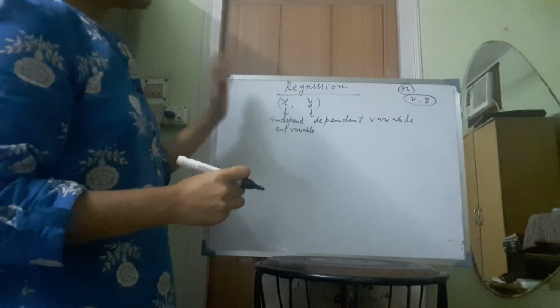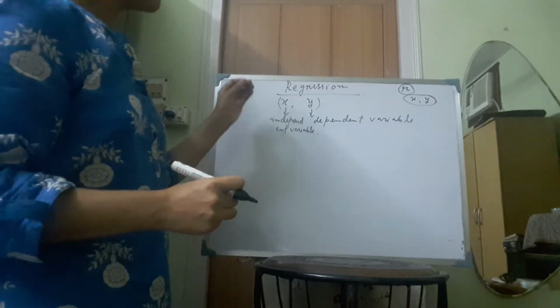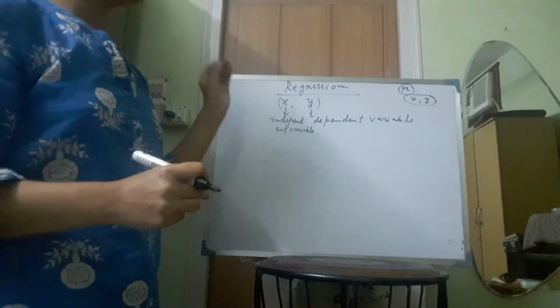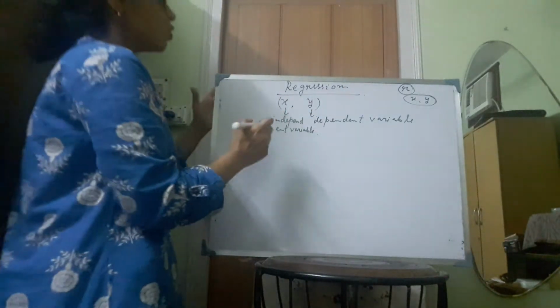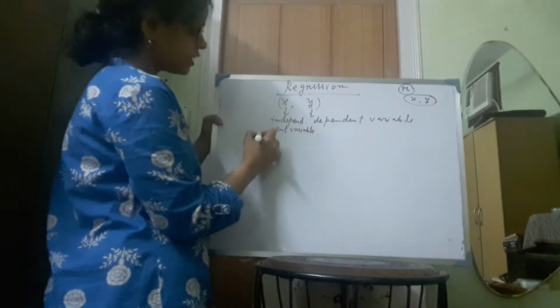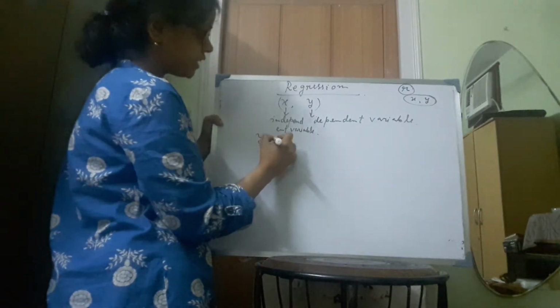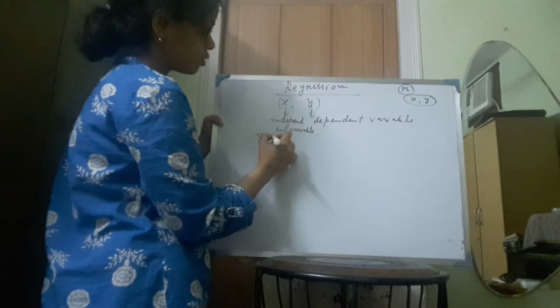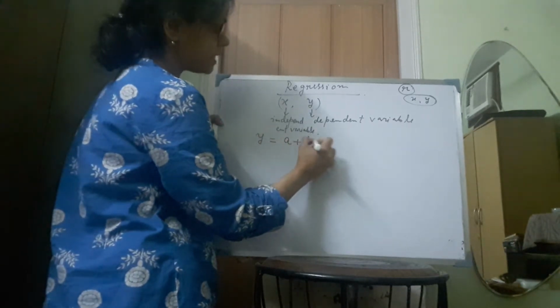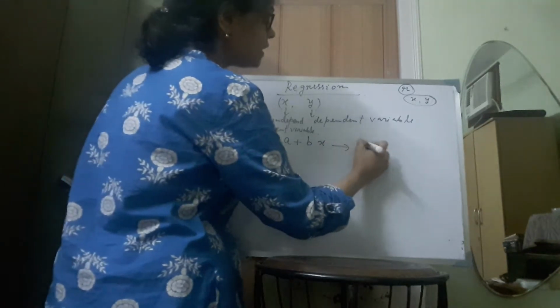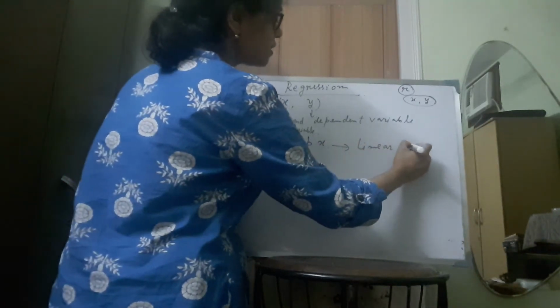So by regression we mean the effect of the independent variable on the dependent variable. Here in regression we define a regression line where y is equal to a plus bx. So this is a linear regression line.